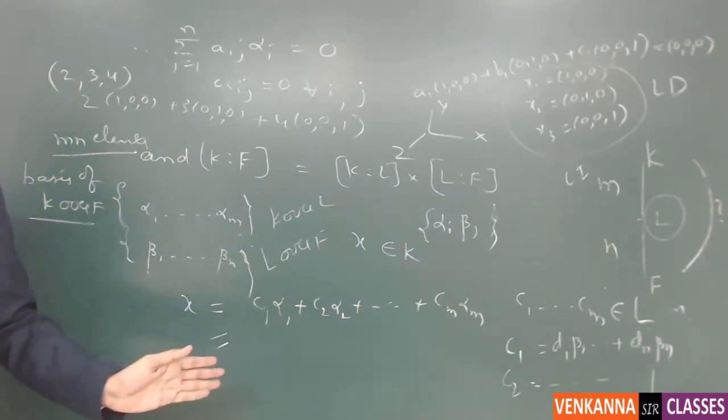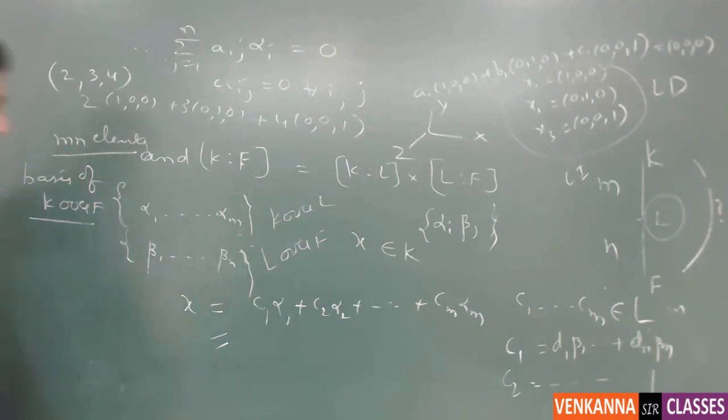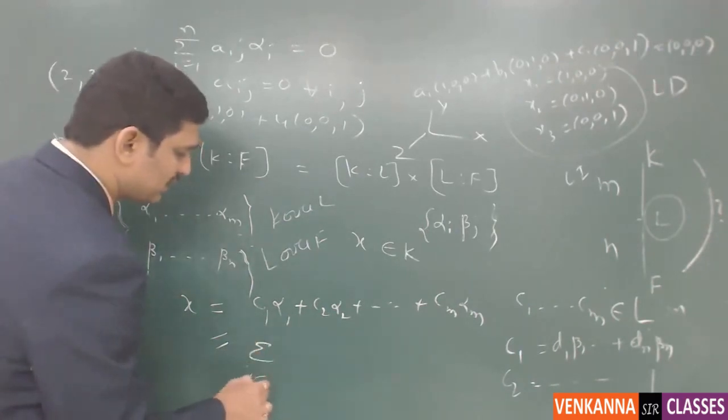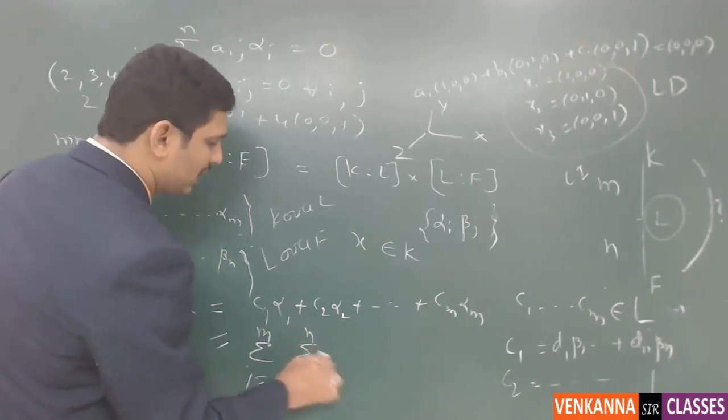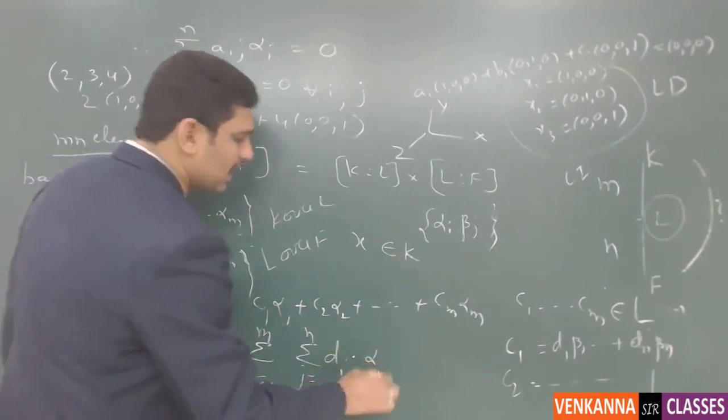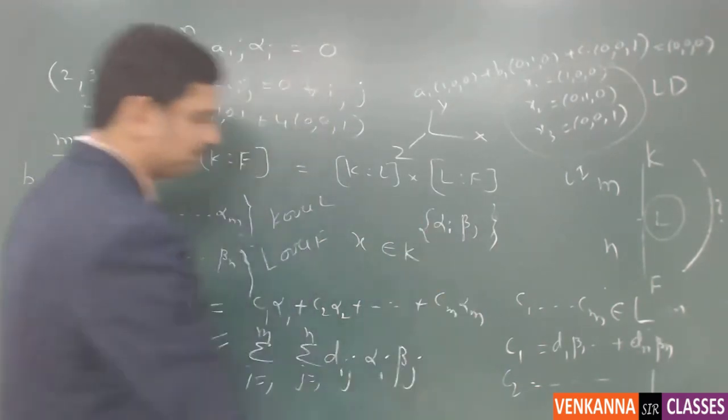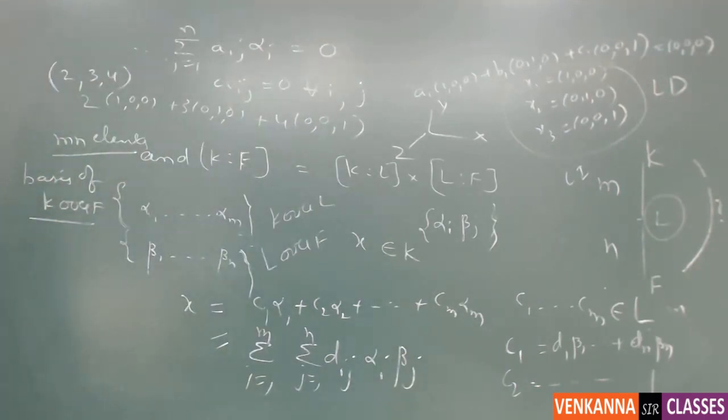So therefore, each Ci can be replaced with the combination of betas. Hence, you can write this value as the summation i equal to 1 to m, summation j equal to 1 to n, dij alpha i beta j. So each C is a linear combination of betas.